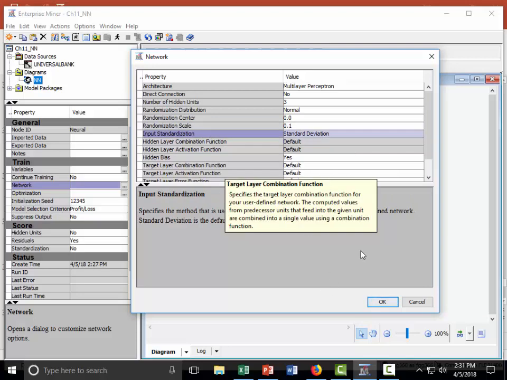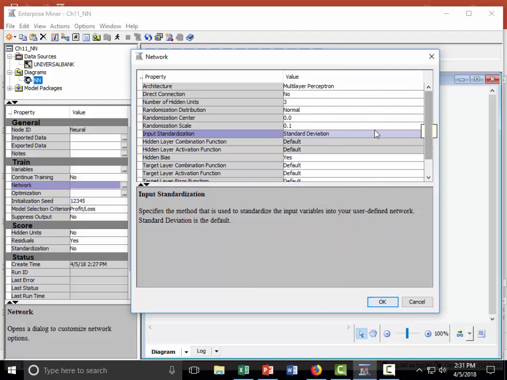Now, input standardization, that is for the predictors coming in. Okay, what kind of standardization you want. Standard deviation, that will be your z-score, or none, or range, or mid-range. If you select range, that will convert the inputs into a scale of 0 to 1.